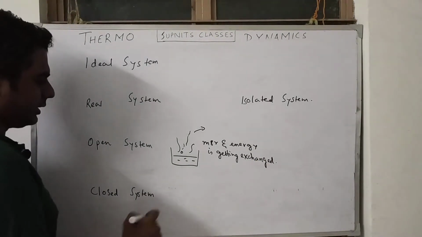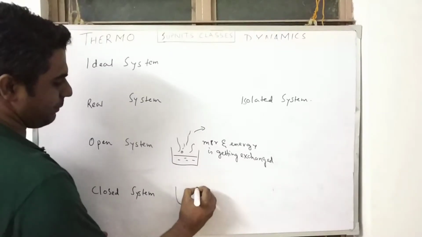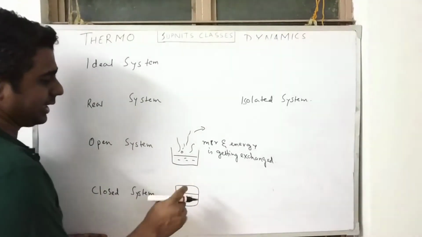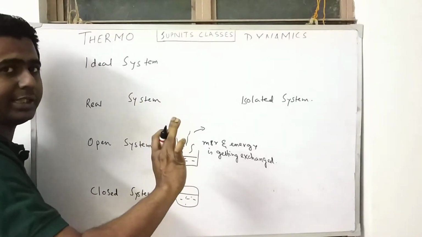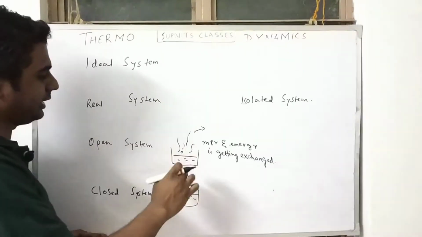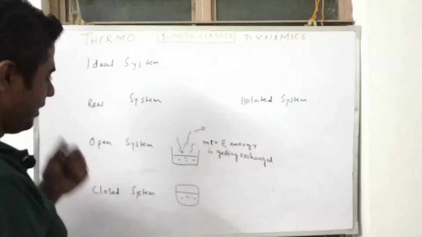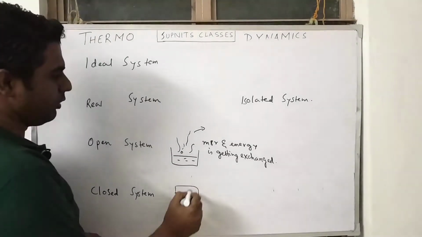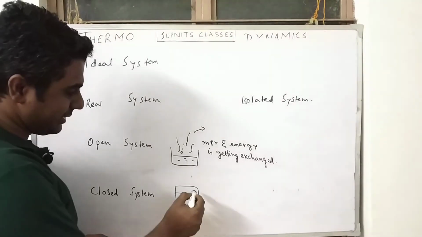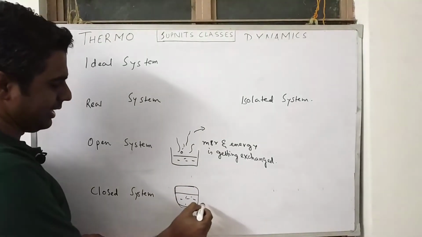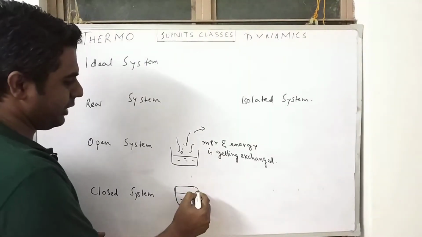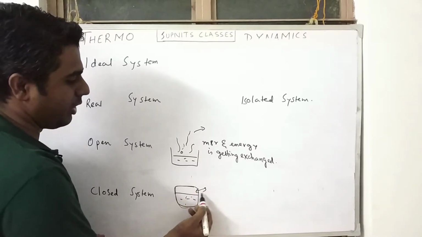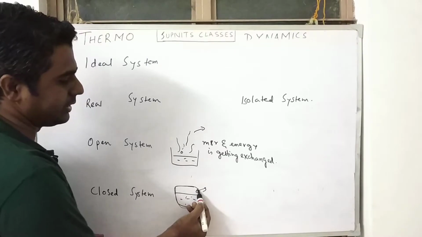Okay, closed system में क्या होगा? सपोज यही बॉइलिंग वाटर को हम क्लोज कर दिया, प्रेशर कुकर जैसा कर दिया जिसकी सीटी नहीं बजने वाली है. ठीक है, तो in that case what will happen is matter is not going to go outside, but if it is a metal vessel then obviously energy is going to go outside because there will be transfer of heat by conduction through this metal.